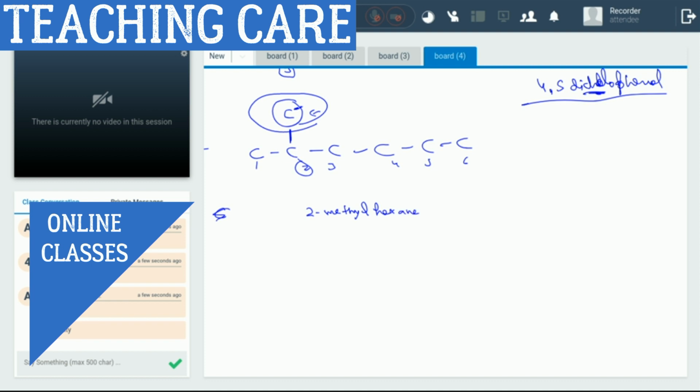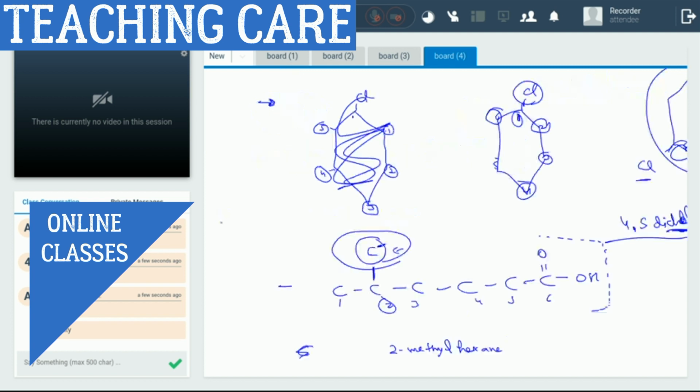Suppose I write C double bond O OH. This is oic acid, am I right? Yes, that's oic acid. Always remember, numbering should always start from where the functional group is near. This is the functional group, so always start numbering from it: 1, 2, 3, 4, 5, 6.